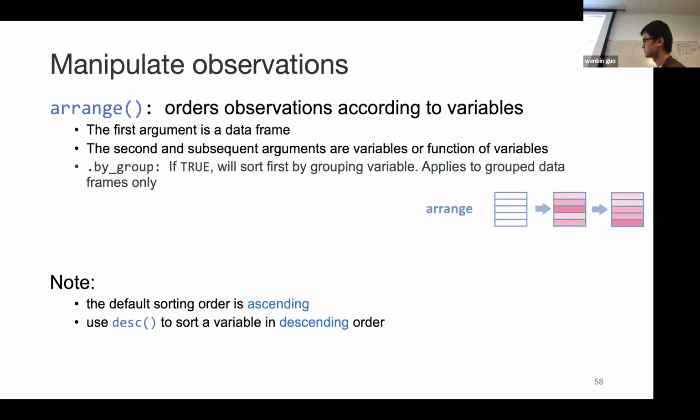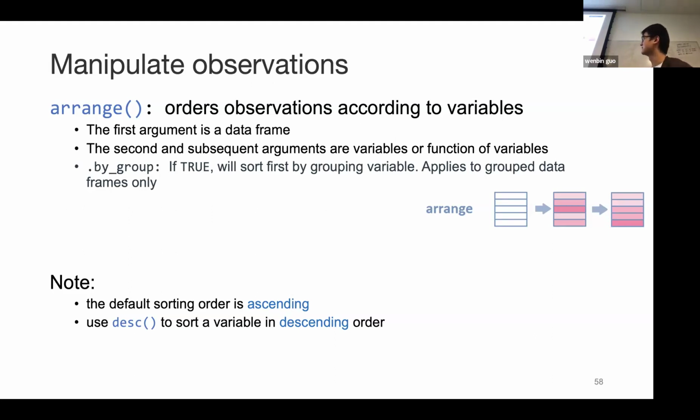There is another function called arrange, which orders the observations according to your variable. For example, you have a data frame and you want to order it based on the age of a person. Arrange can help you solve that. Again, the first argument is a data frame, and the second one is the variable. It can actually be a function of variables. For example, you want to sort the data in ascending or descending order of age.